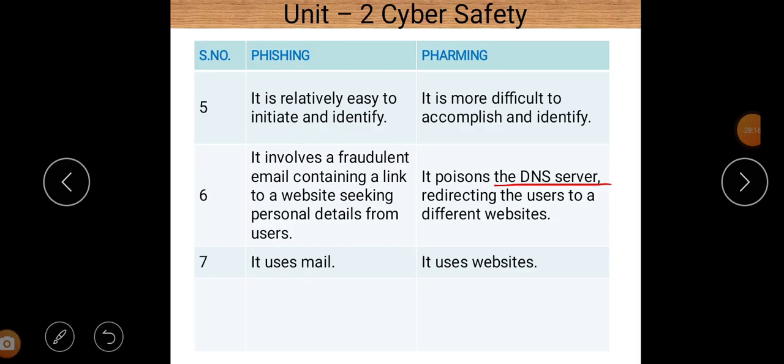First category is crimes in which the computing device is the target, for example, to gain network access. Second, crimes in which the computer is used as a weapon, for example, to launch denial of service attacks, which means you are not able to access your computer. And third is crimes in which the computer is used as an accessory to a crime, for example, using a computer to store illegally obtained data. So these are the three different categories of cybercrime.